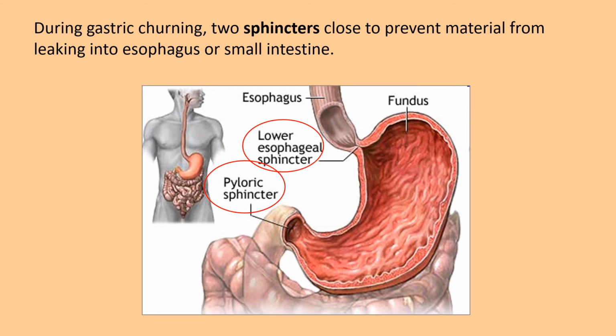When the food material is in the stomach, two sphincters at either end of the stomach seal it off. The lower esophageal sphincter is a ring of smooth muscle at the junction of the esophagus and the stomach. The pyloric sphincter is also a circular smooth muscle, and it occurs at the junction between the stomach and the first region of the small intestine.